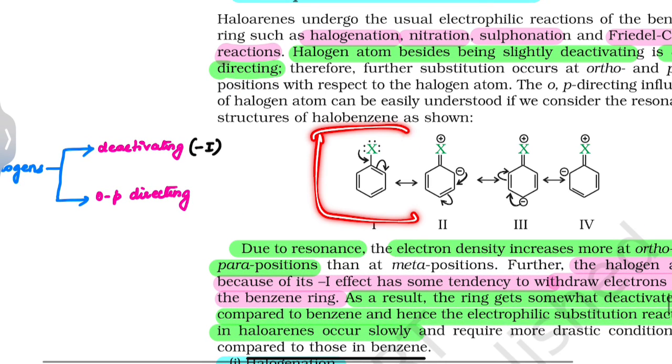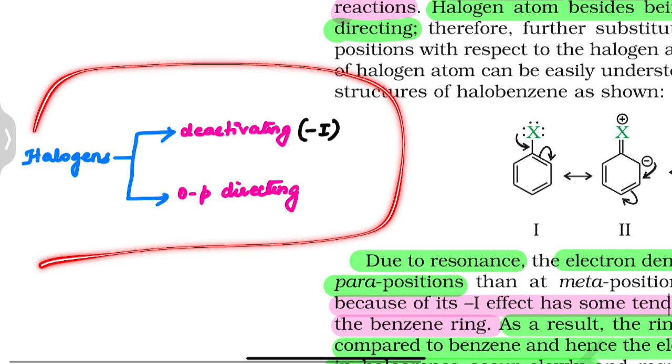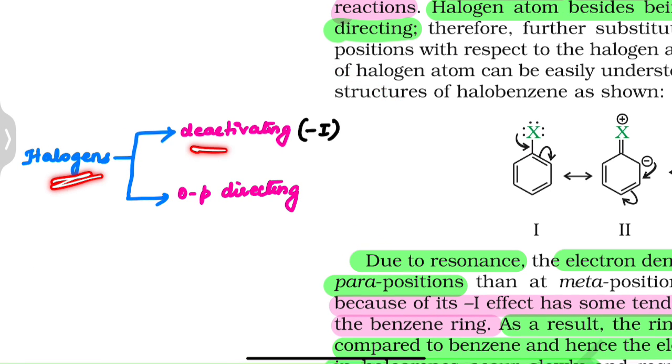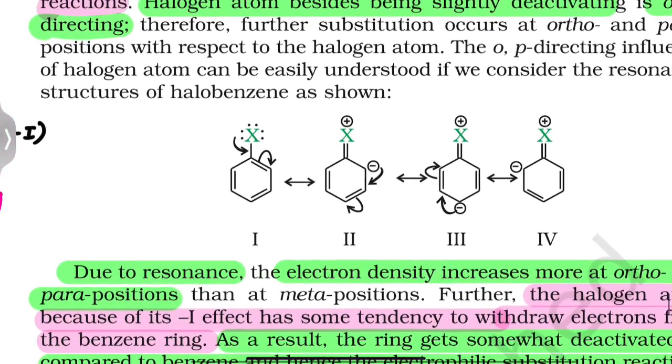Here you can see chlorobenzene, where a halogen is present. Halogens usually show a minus I effect. They are deactivating groups because they show a minus I effect, but they also show a plus M effect. By the plus M effect they are ortho-para directing groups.